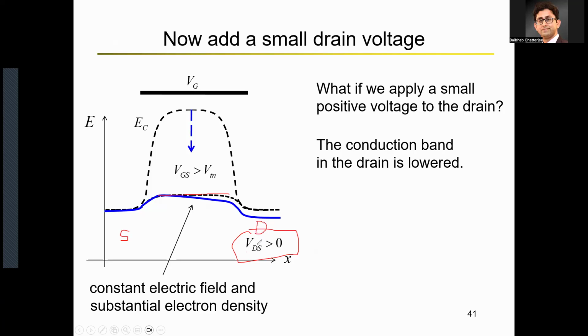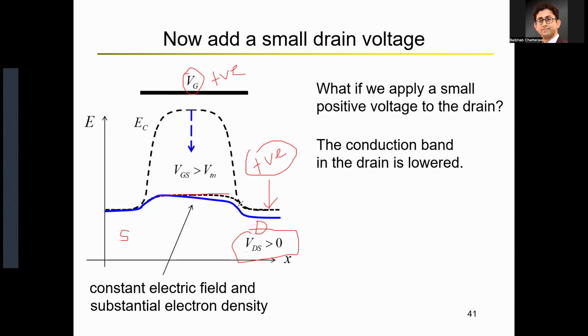So if you apply a VDS greater than 0, that means you're applying a positive voltage not only to the gate, but also to the drain side. If you do that, of course, there will be a current flow from drain to source, because drain is at a positive voltage, source is at a lower voltage, and current flows from higher voltage to lower voltage, as simple as that.